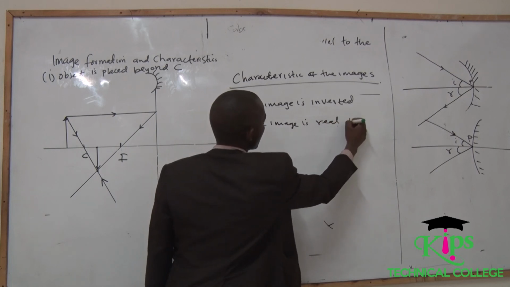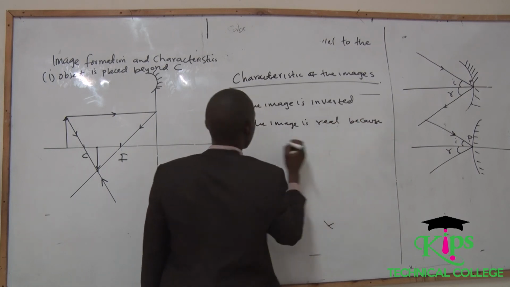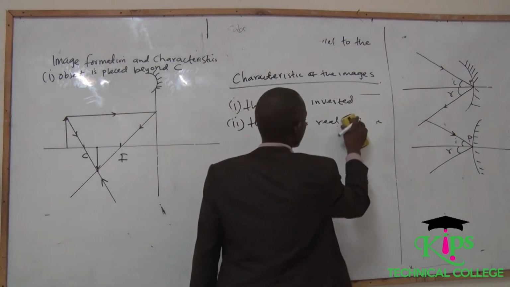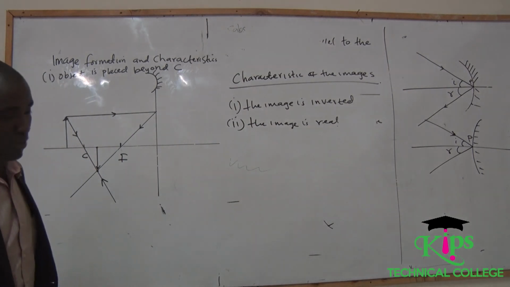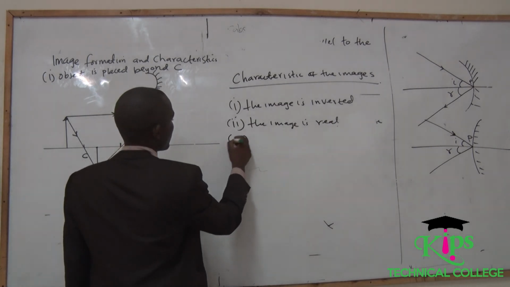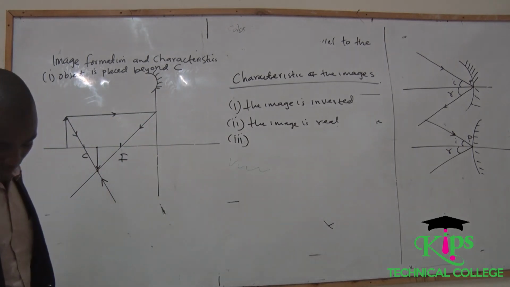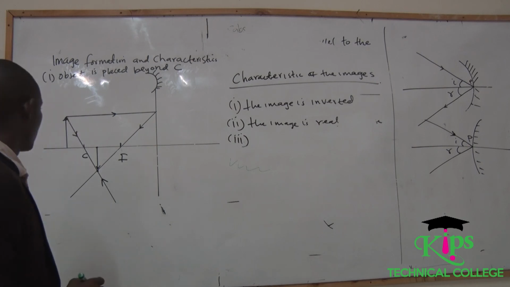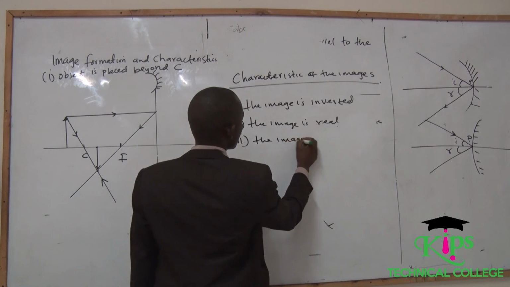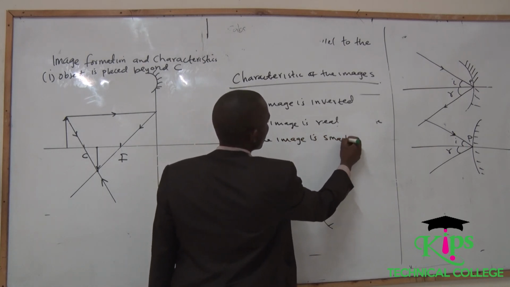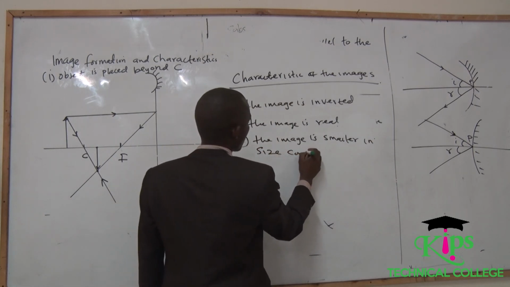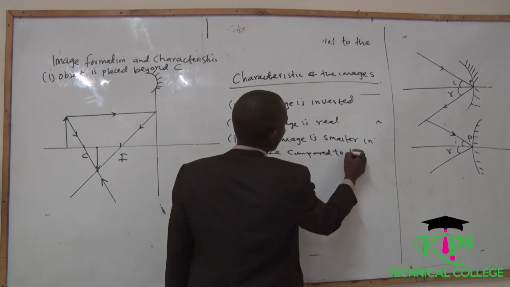The image is real because it can be formed on the screen. Roman number 3, the third characteristic would be the image is smaller in size compared to the object.